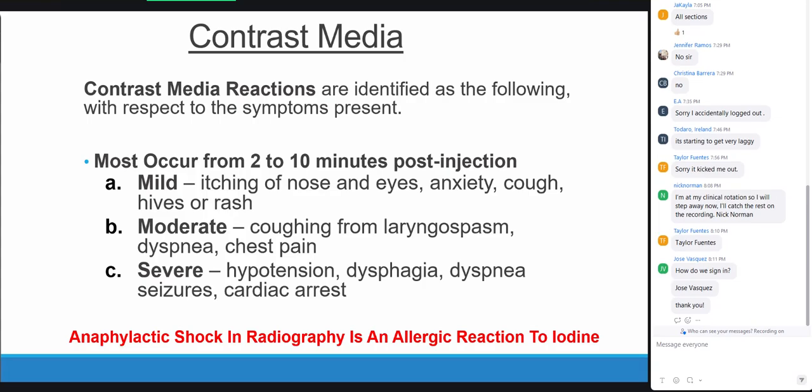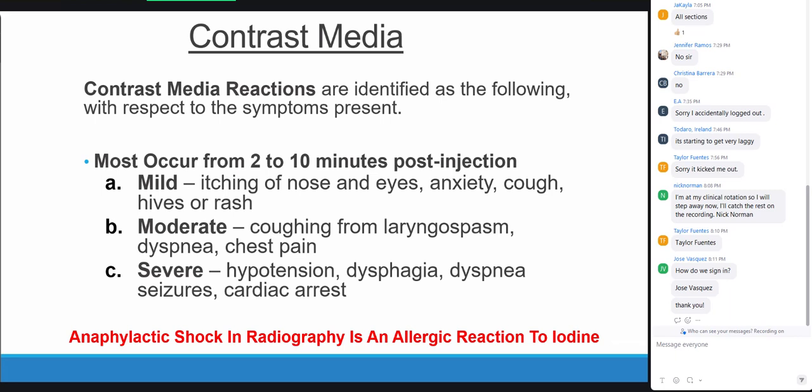So for the mild reactions, any of these can occur within 2 to 10 minutes post injection. So itching of the nose, the eyes, an increase in anxiety, cough, hives, and a rash constitutes a mild reaction.